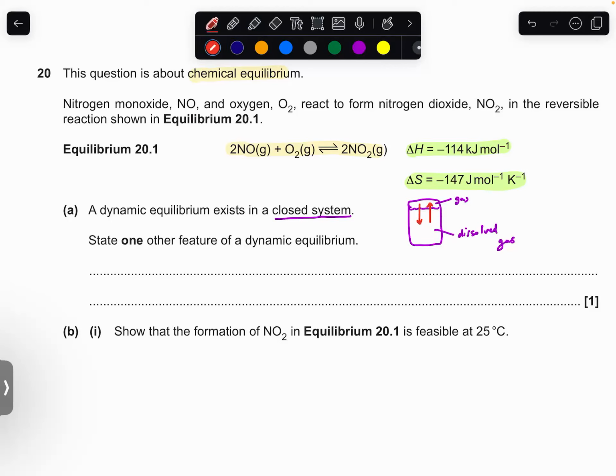So we can say that the rate of the forward reaction is equal to the rate of the reverse or backwards reaction.